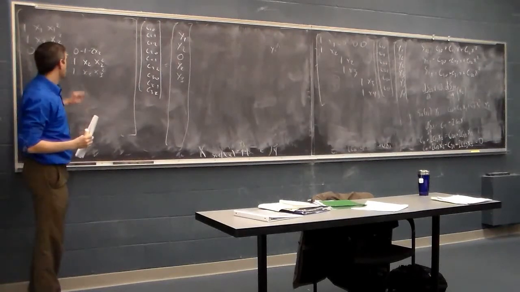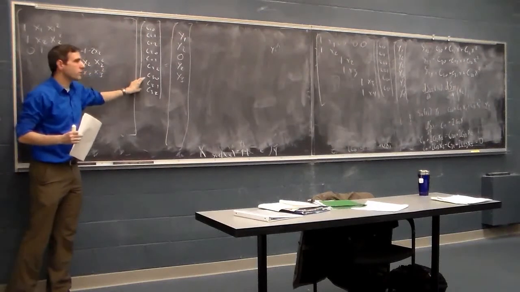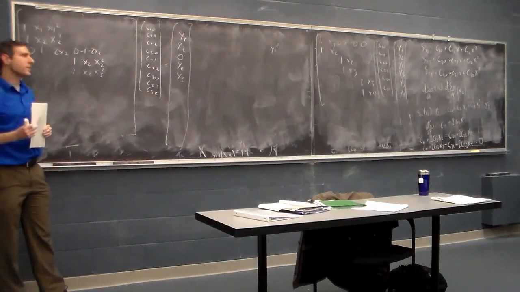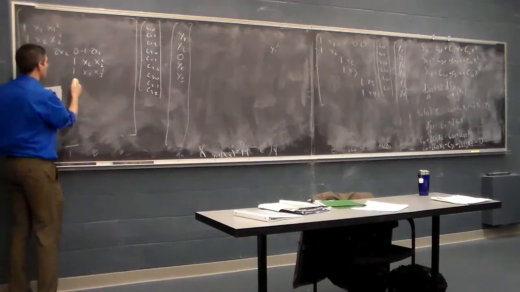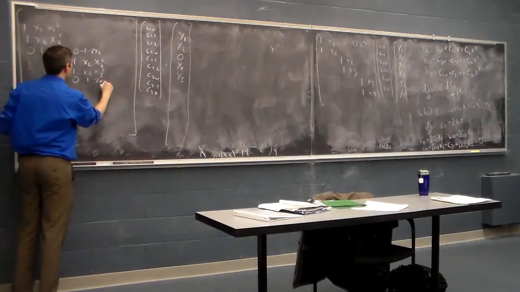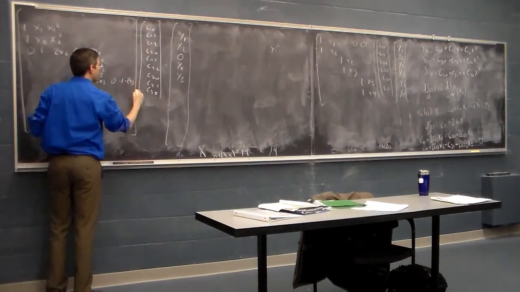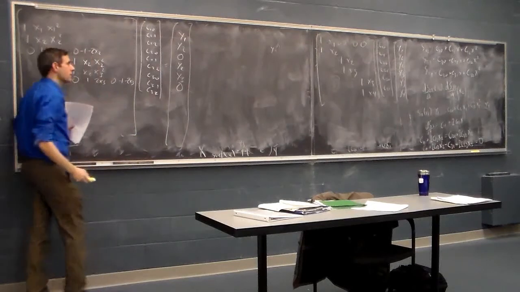And then we could throw in another derivative constraint that says that at the third point, the second and third interpolants have the same derivative. And that would look like 0, 1, 2x3, 0, minus 1, minus 2x3 equal to 0.